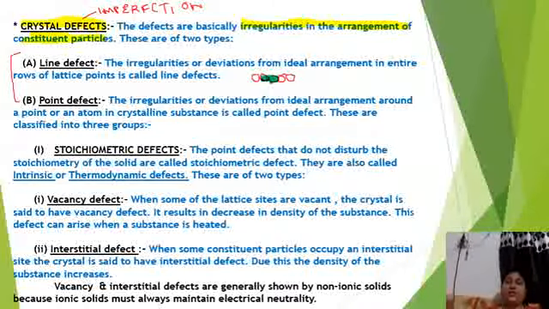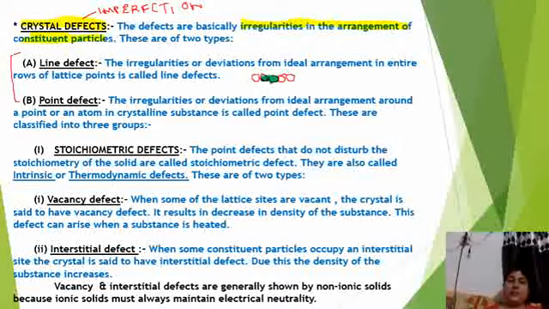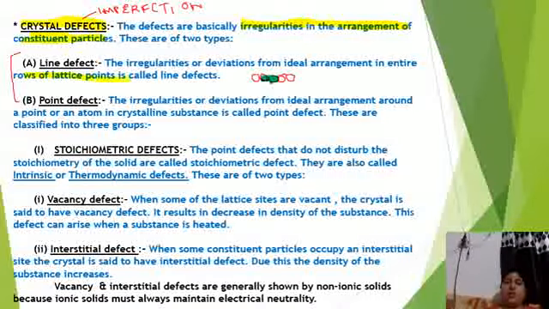If any one student disturbs the line, either the first candidate or in the middle or in the last, the whole line will get disturbed just due to that particular person. So in line defect, the irregularity, ठीक है, is due to the rows of all lattice points, not only a single particle, it is due to the entire particle, पूरी line defective हो.